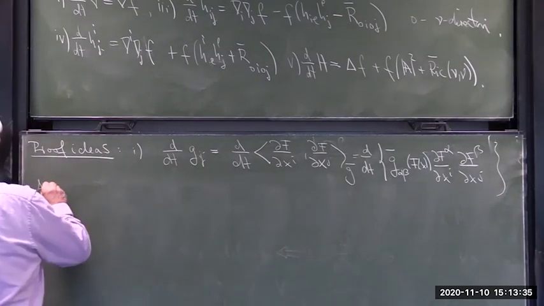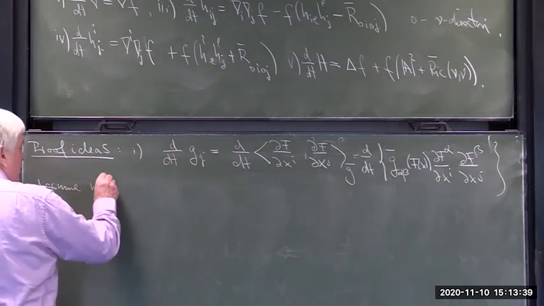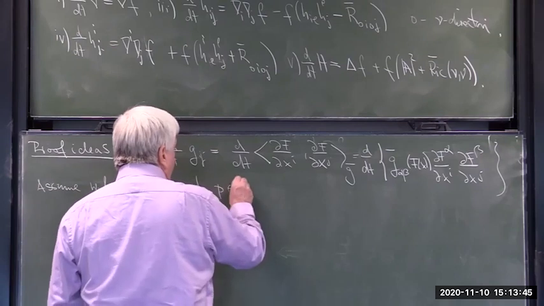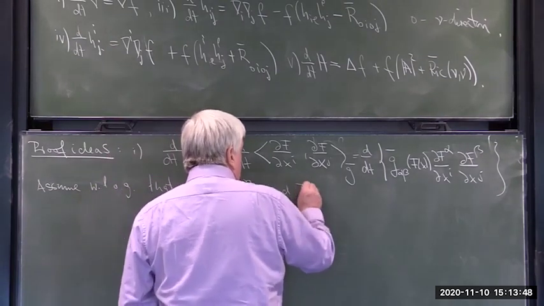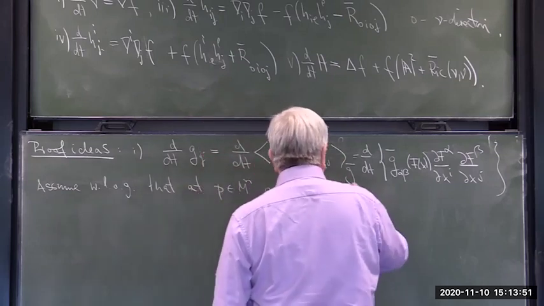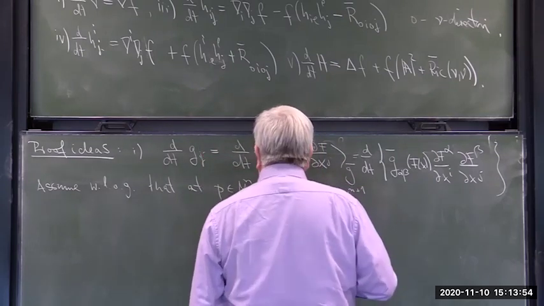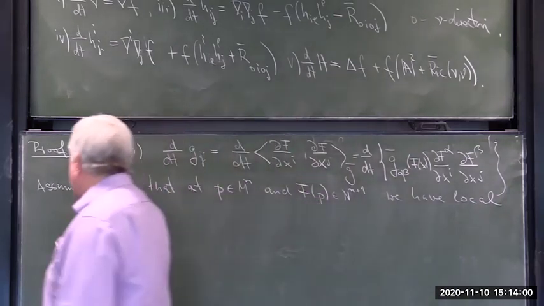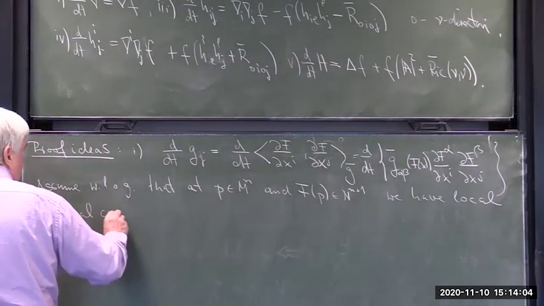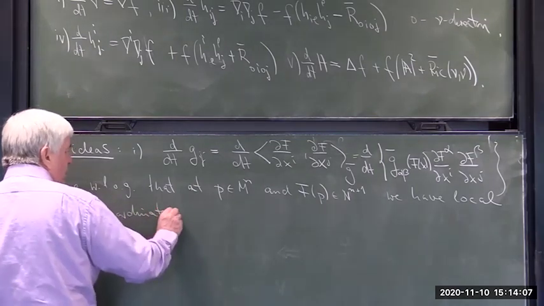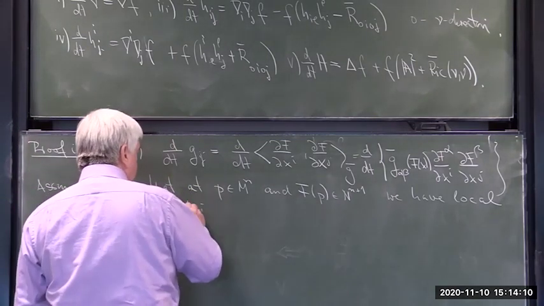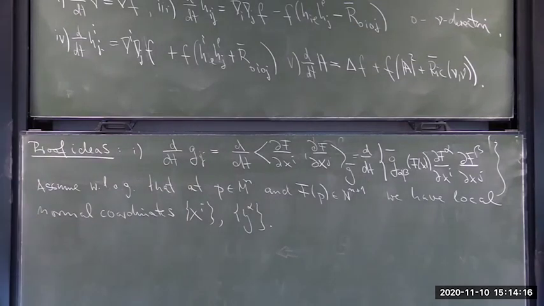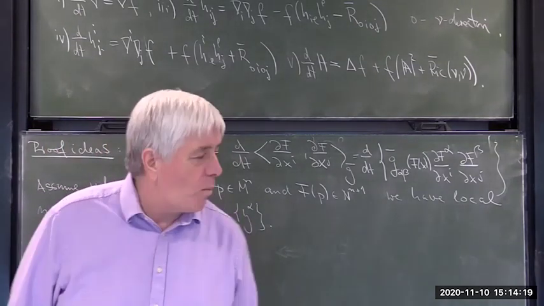So assume, without loss of generality, that at P in M^n and f(P) in N^{n+1}, we have local normal coordinates x^i and y^α, i between 1 and n, α between 0 and n.